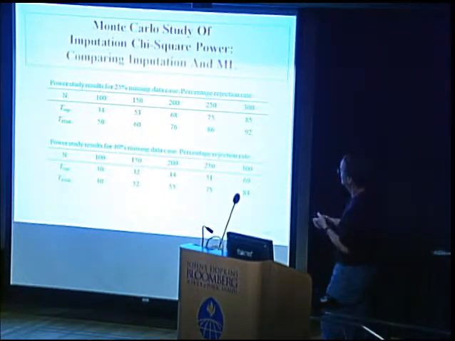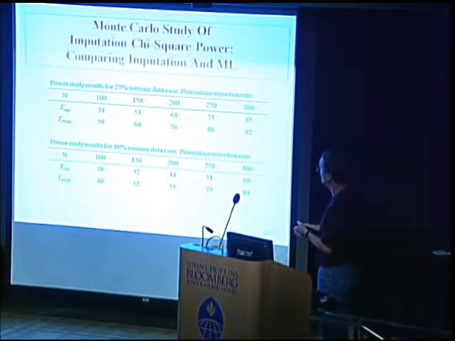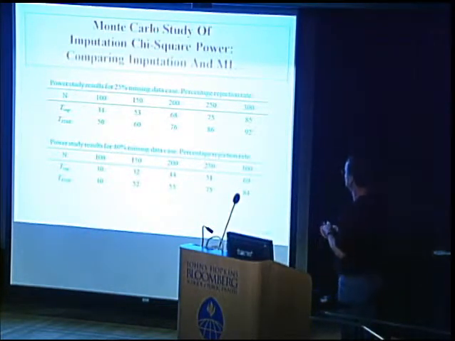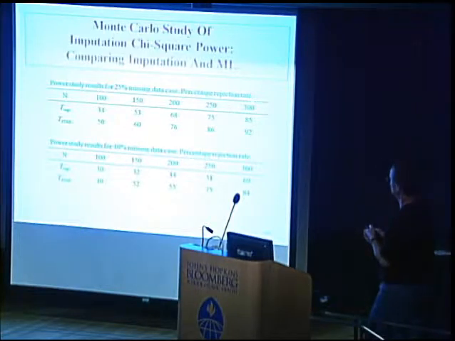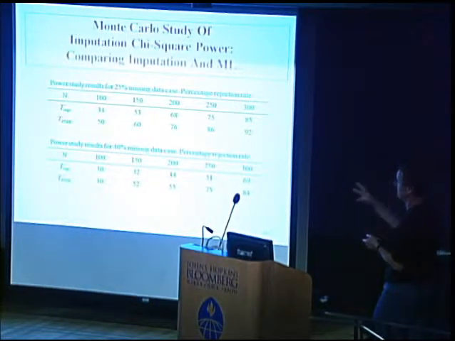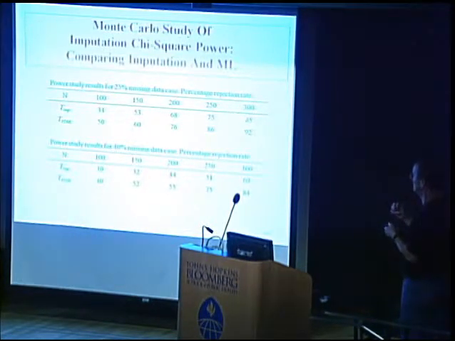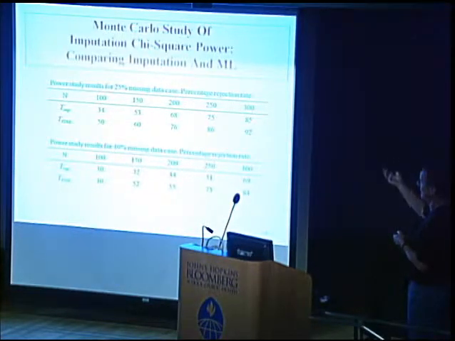So we compare the two here in the 25% missing case and the 40% missing case, and we're looking at percentage rejection rate here. So let's take, say, out here, 300 observations. The model is incorrect here, so we want to have a high rejection percentage, and it's 92 for FIML, the maximum likelihood approach, the direct approach, the one-step approach, and 85% rejection for the two-step approach of first generating multiply imputed data and then analyzing them.